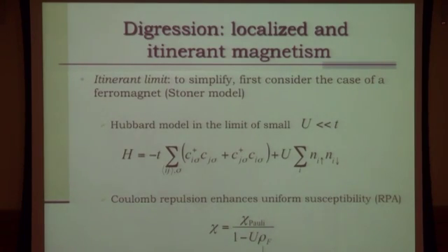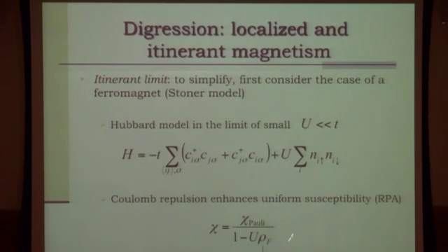Now we do perturbation theory in the other limit. You start with the kinetic term dominating, and include a small Coulomb repulsion. Then you find that this is the susceptibility: the Pauli susceptibility divided by 1 minus U times the density of states. And you know that when this diverges, you have a ferromagnet. Divergent susceptibility is a ferromagnet. And again, when U times the density of states is equal to 1, that's the Stoner criterion, that's when you find a ferromagnet.